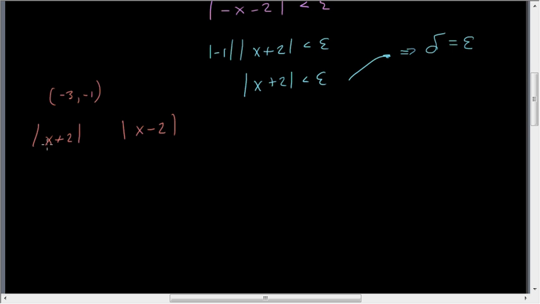If we had -1, this would be +1. This would be, man, wow, brain fart. This would be -3. And so this one's always going to be less. And so if we know that x plus 2 is less than epsilon, but it's also greater than x minus 2, and so that means that x minus 2 is less than epsilon as well.